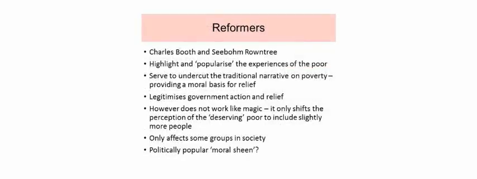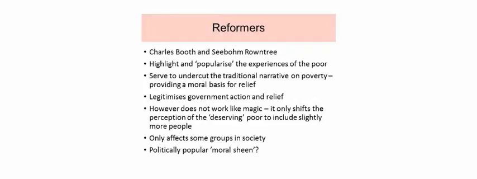Now, I am not going to go through all the statistics and facts about Booth and Rowntree. You can do it at your own leisure. Okay? But the reformers' true role is not to, almost like a safari, point out, look, there are poor people. Instead, what they are there to do is highlight and popularize the experiences of the poor.